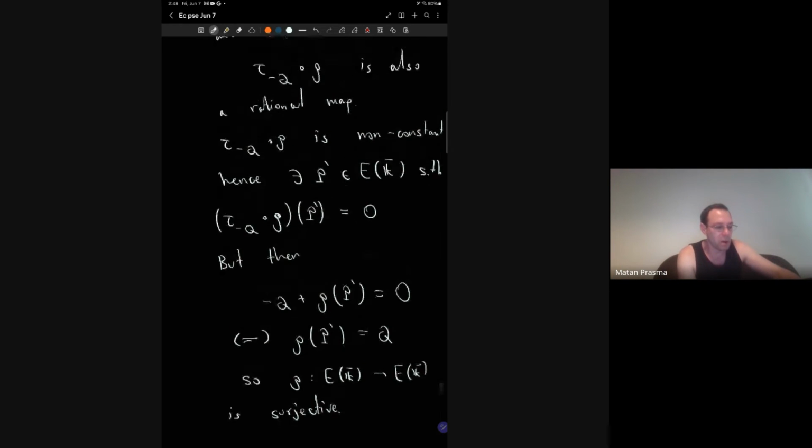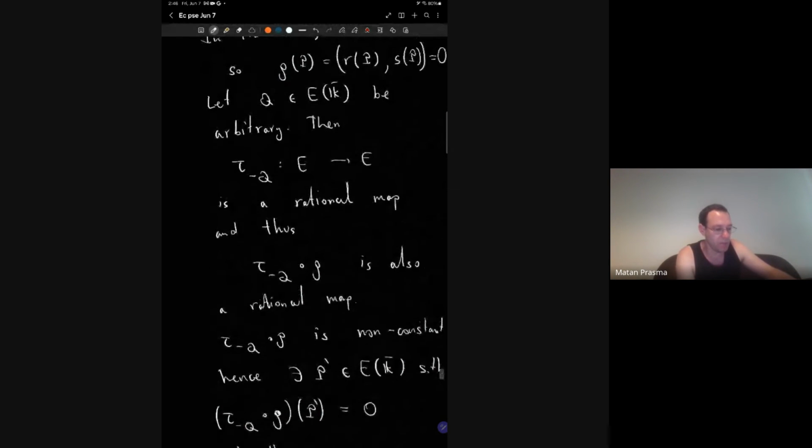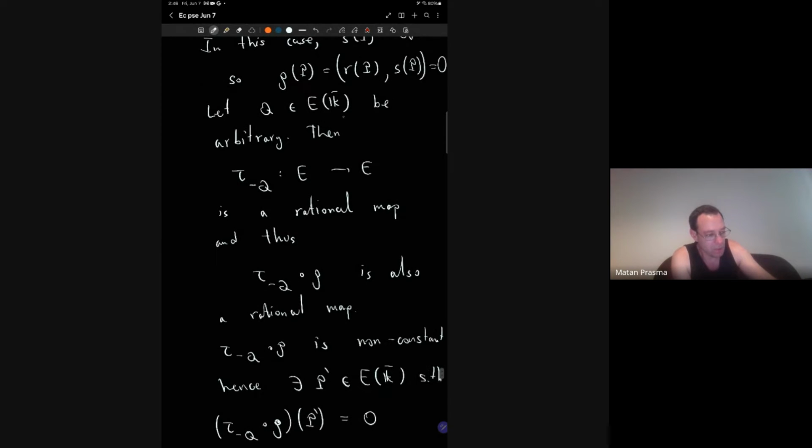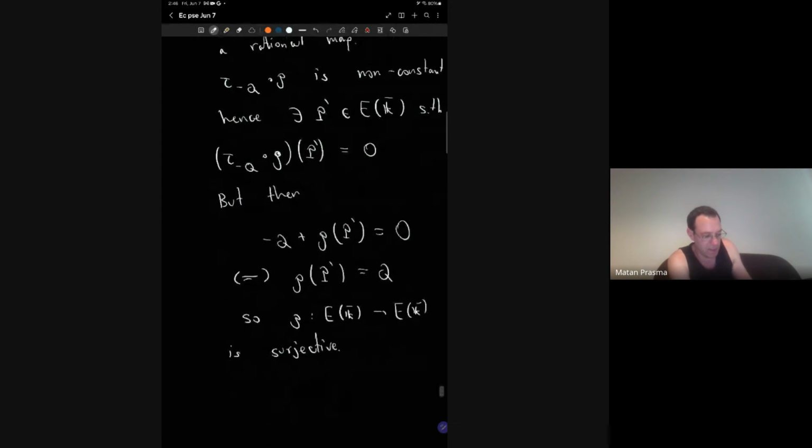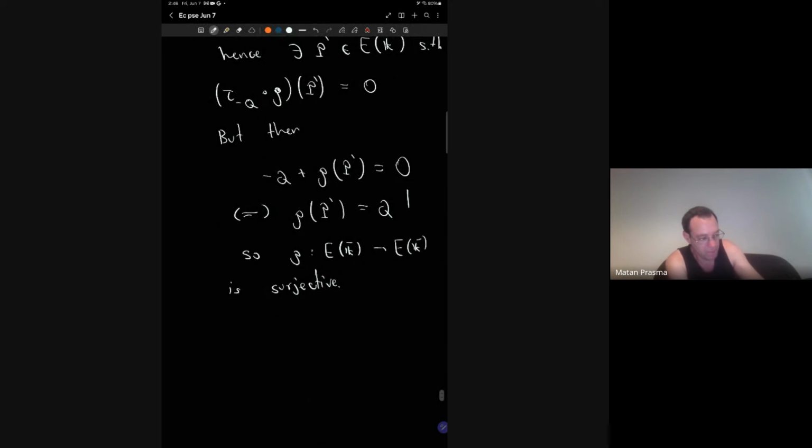Okay, I took an arbitrary point Q in E over K bar, and I have found a P prime that satisfies this equation, that is, a point P prime such that rho of P prime is equal to Q. So I proved the surjectivity.